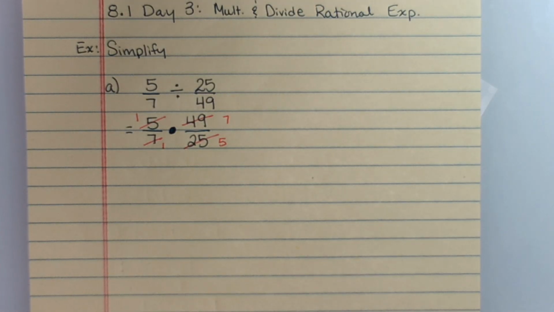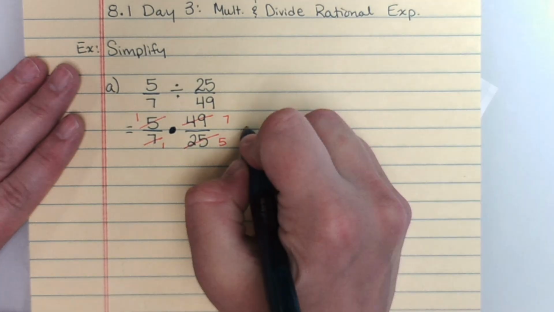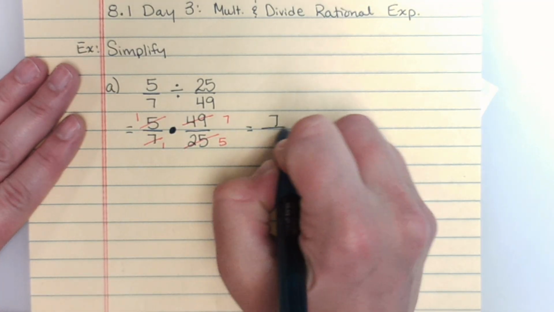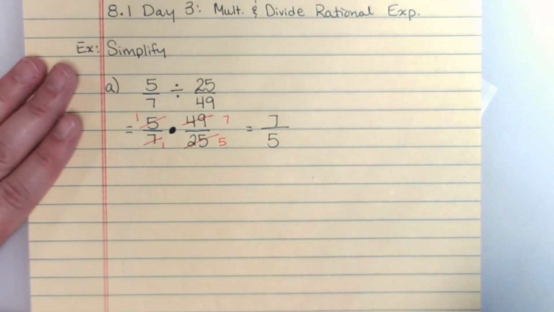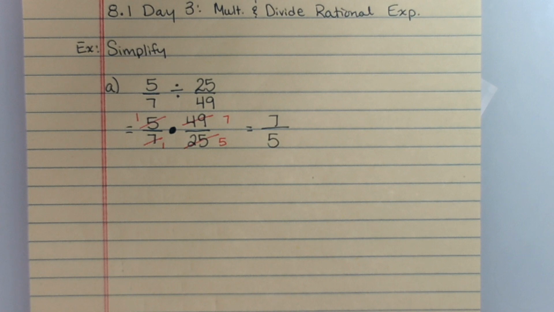To multiply fractions, how do we do it again? Straight across the top, straight across the bottom. 1 times 7 is 7. 1 times 5 is 5. 7/5. Do you have to cross simplify? No, you can just straight up multiply across.